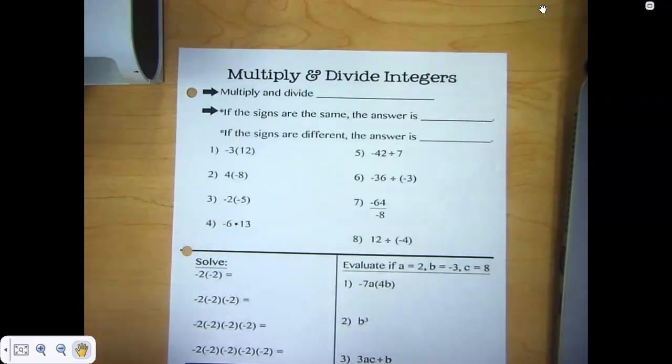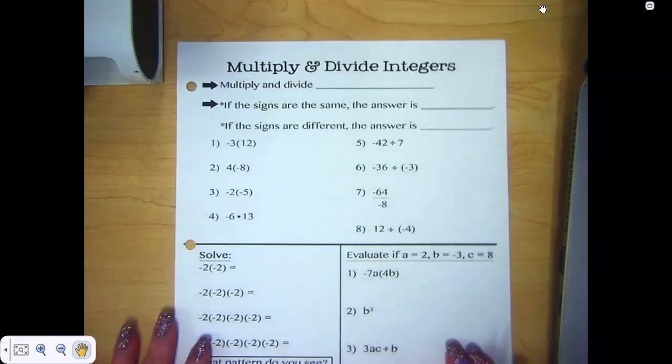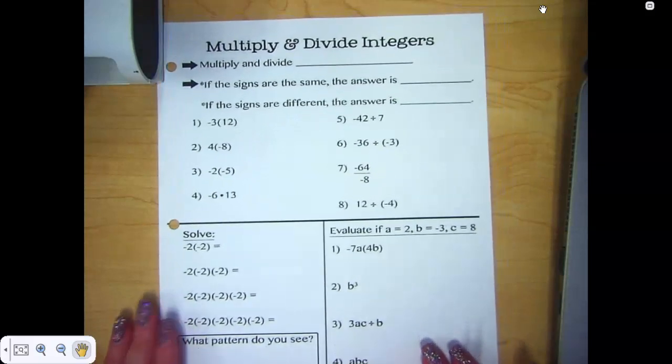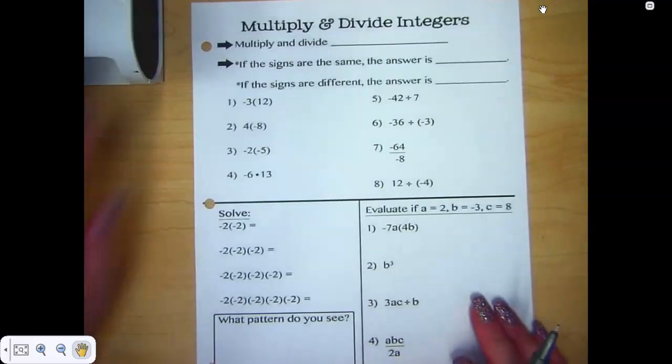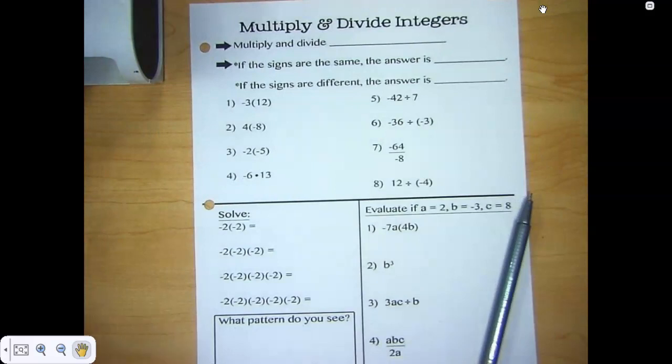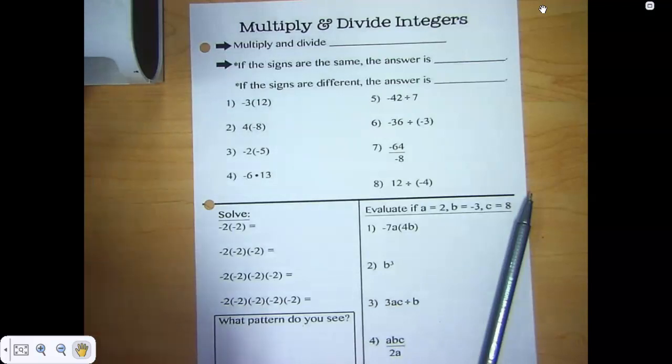And then let's look at this multiply and divide integers page. I just handed you this page and that stack of papers, so you should have that somewhere. All right, so we've learned to add and subtract integers.